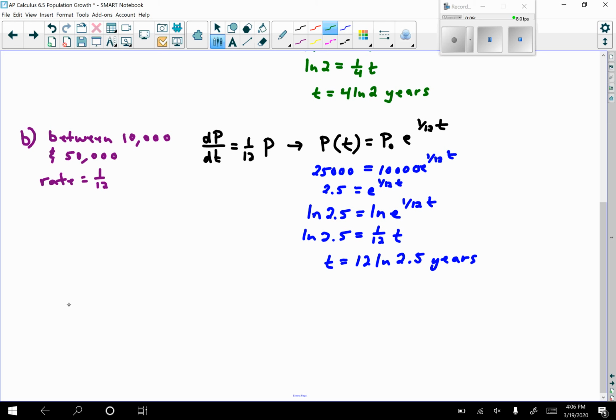So then our answer, I'll go back up and call the first part, part A, the first time, so t sub 1, and then I'll call the next part t sub 2. So the answer comes from adding the two times together.